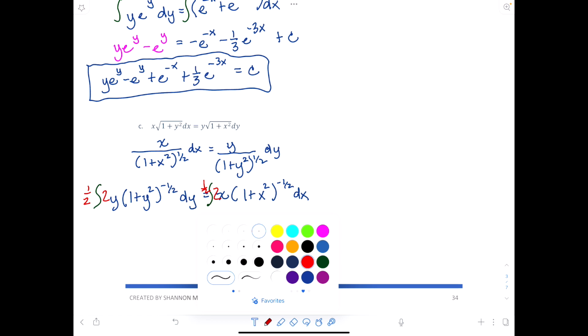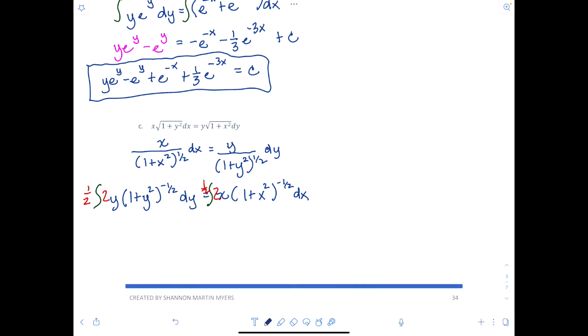So that's going to end up giving us, so this is our derivative, we'll have 1/2 times the quantity (1 plus y squared) to the positive 1/2 divided by 1/2 equals 1/2 times (1 plus x squared) to the positive 1/2 divided by 1/2.